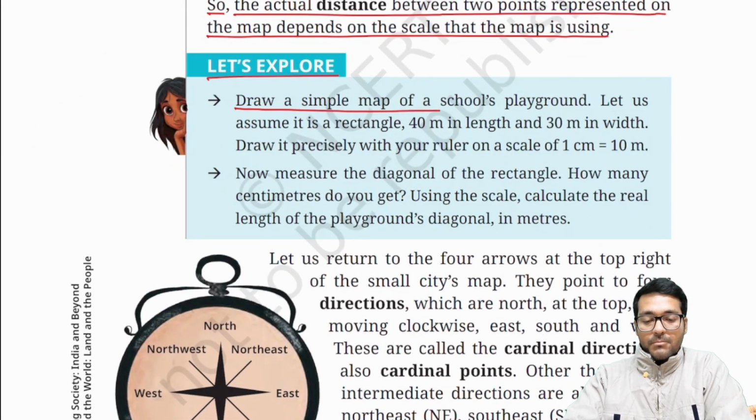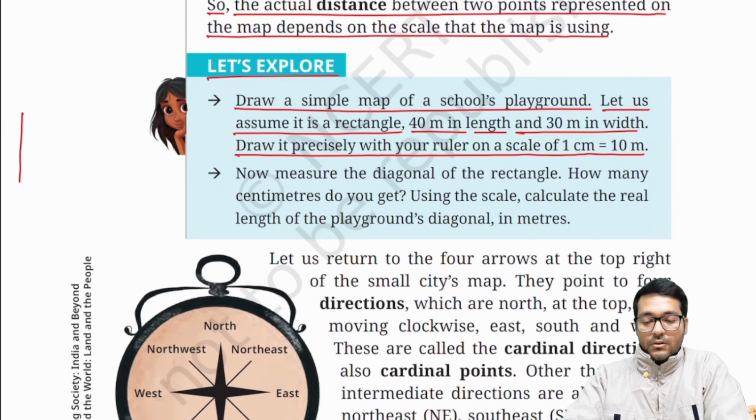Draw a simple map of a school's playground. Let us assume it is a rectangle, 40 meter in length and 30 meter in width. Draw it precisely with your ruler on a scale of 1 centimeter is equal to 10 meter. For the map of this playground, you have to draw 4 centimeter and 3 centimeter like this, and you have to write 1 centimeter is equal to 10 meter.